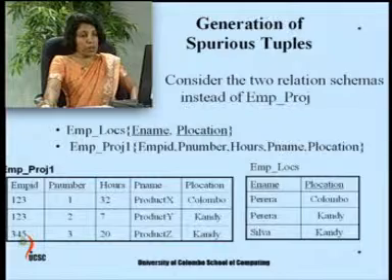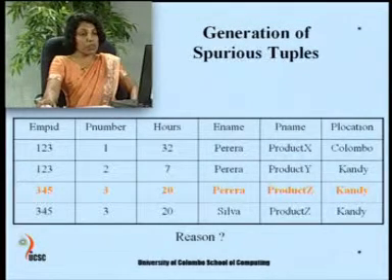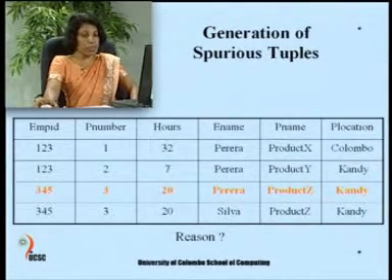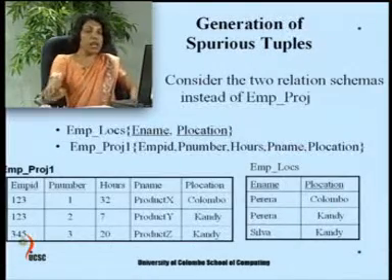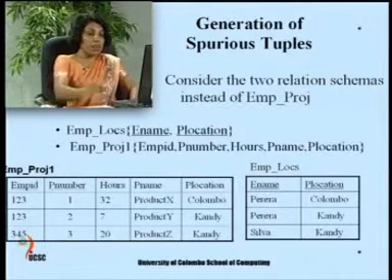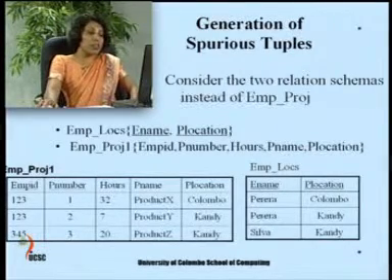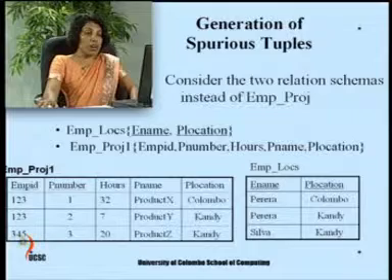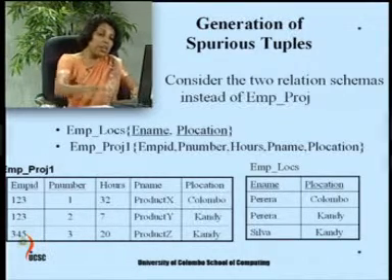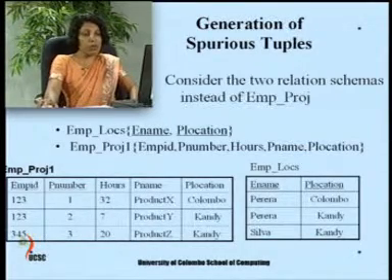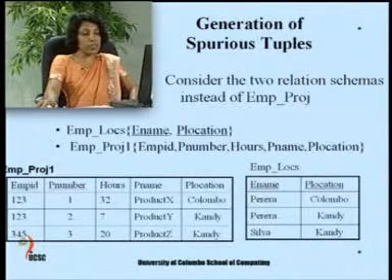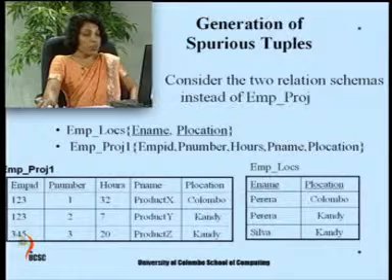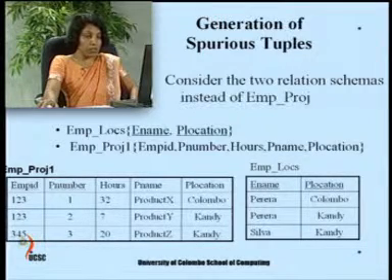Now, if we want to create the original relation, which is the employee project, then we have to combine the records in these 2 relations. We have to join these 2 relations through the attribute called project location.